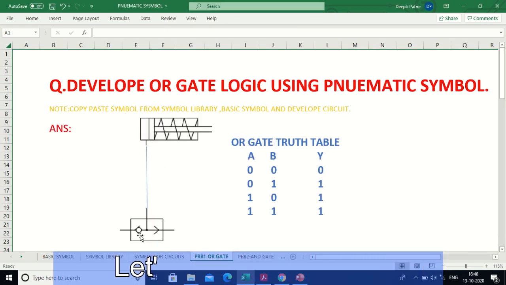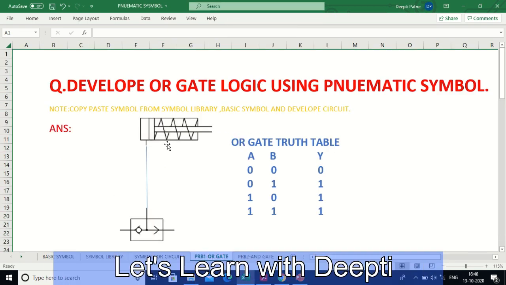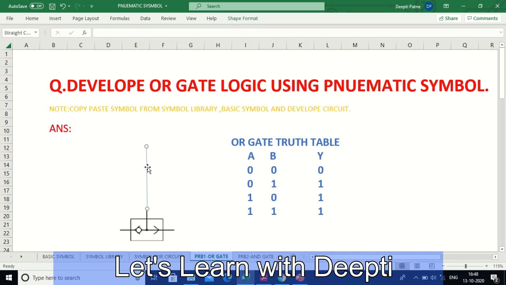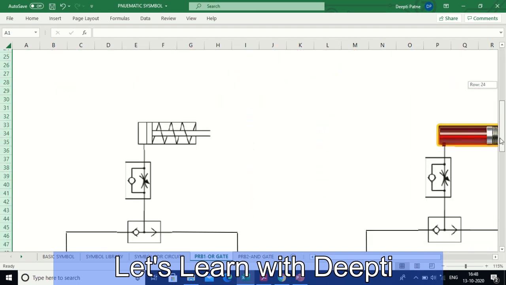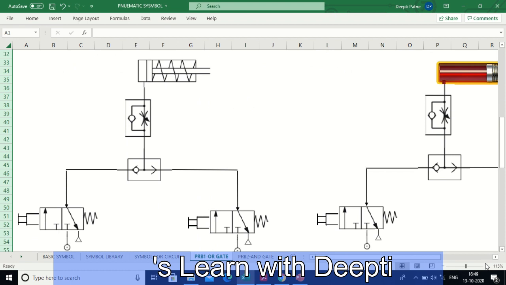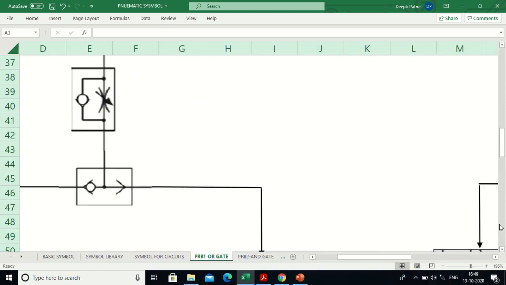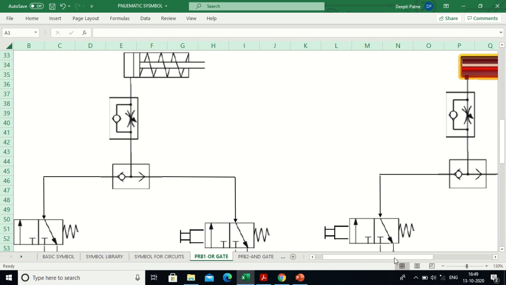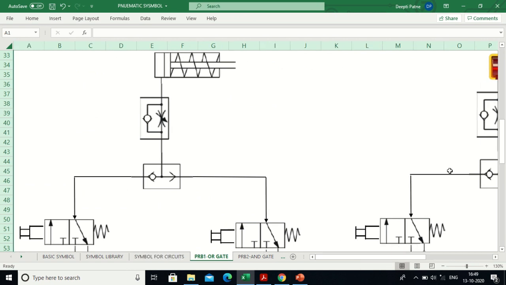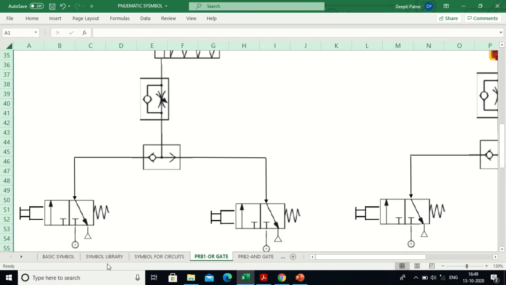Okay, now I will teach you how the OR gate can be developed. I will just delete it for the time being. In the first case of the OR gate, I will show you the diagram over here. Now, which type of control valve is used?